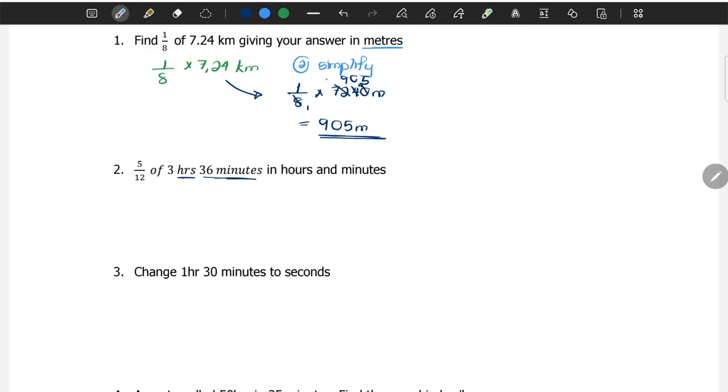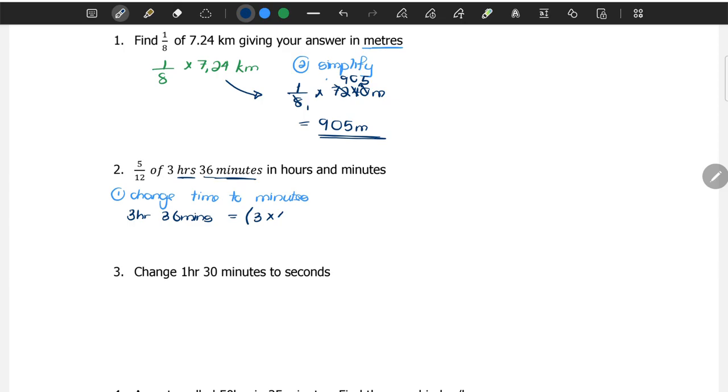So again, 1, change time to minutes. So we have 3 hours 36 minutes, which is the same as saying we know that 1 hour is 60 minutes.